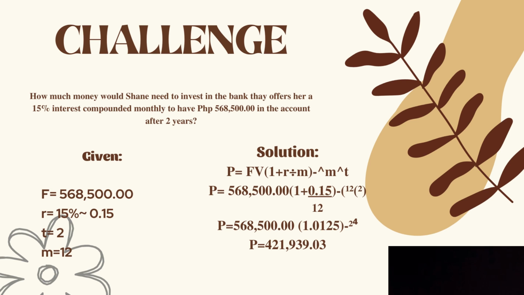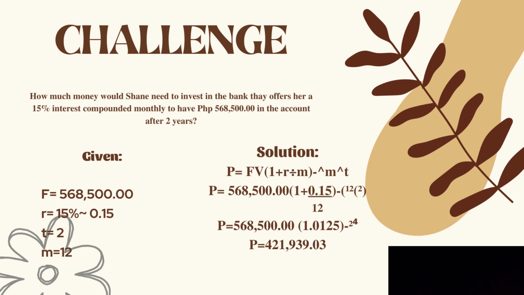Time is 2, m is equal to 12. So for the solution, future value in the quantity of 1 plus r divided by m raised to m and t. So principal loan is equal to 568,500 pesos in the quantity of 1 plus 0.15 divided by 12 raised to 12 and 2.